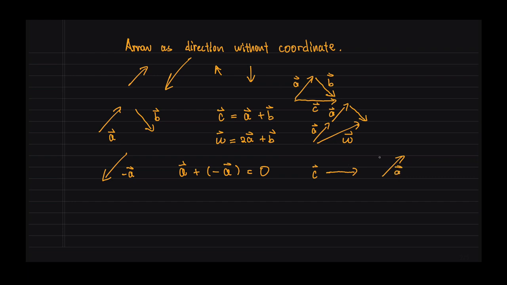So in 2D, if two arrows are not pointing in the same direction, we can describe any direction with respect to these two arrows. That motivates us: we can describe all the directions in 2D with only two arrows, and we call them bases.